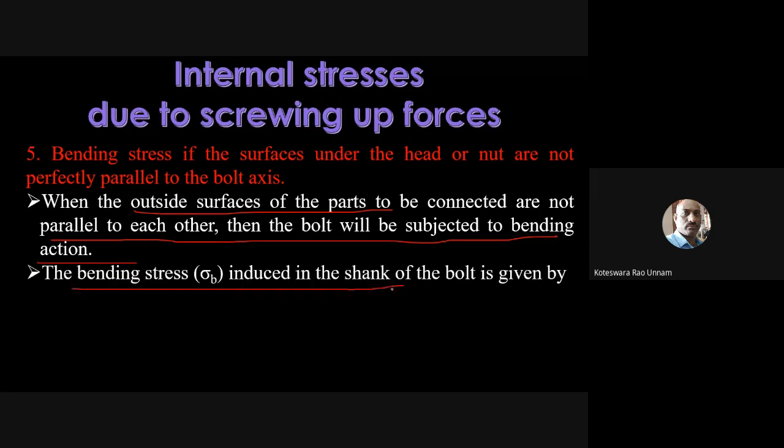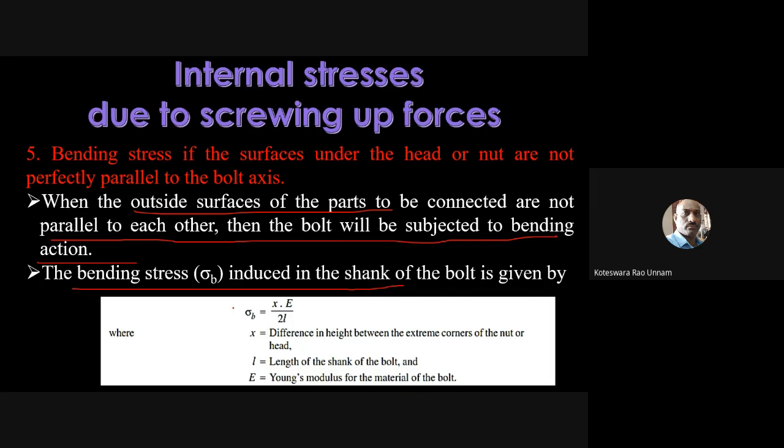Bending stress induced in the shank of the bolt is given by this formula: x into E divided by 2 into L, where x is the difference in height between the extreme corners of the nut or head. So if you have a surface like this, this height is going to be your x, between this corner and this corner.